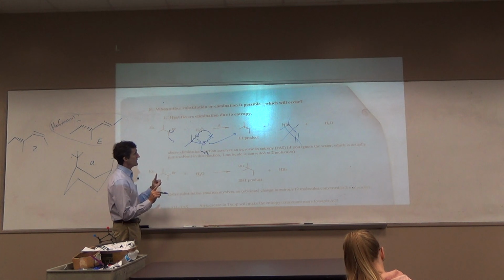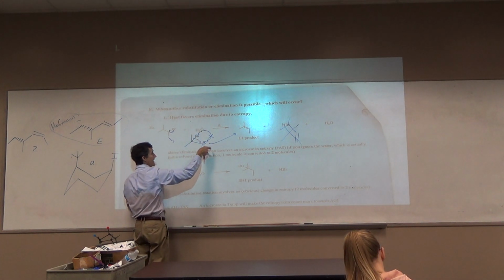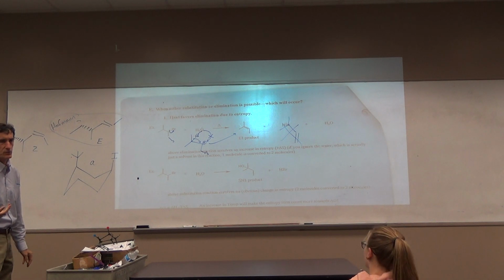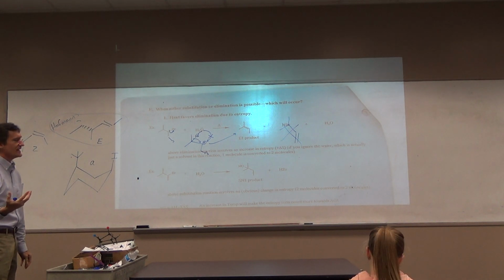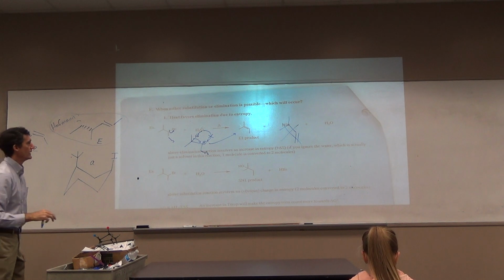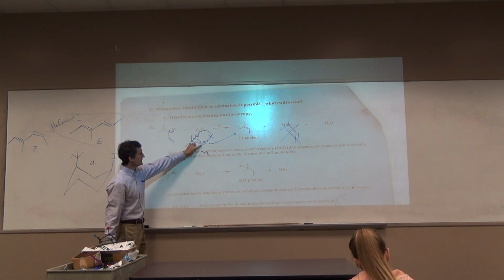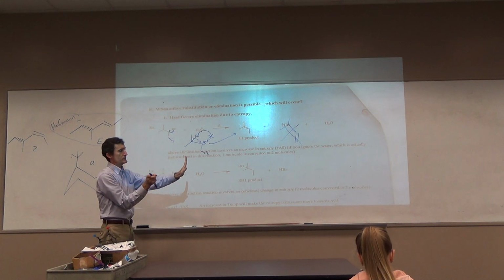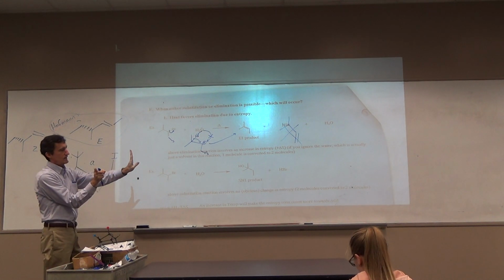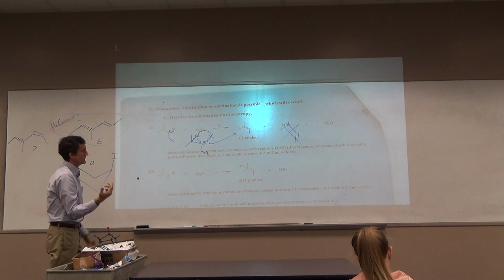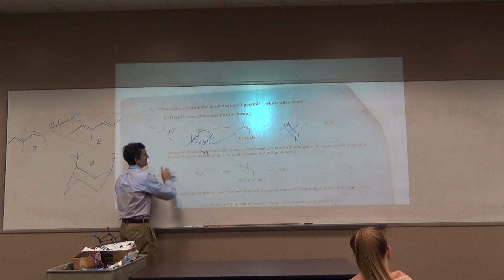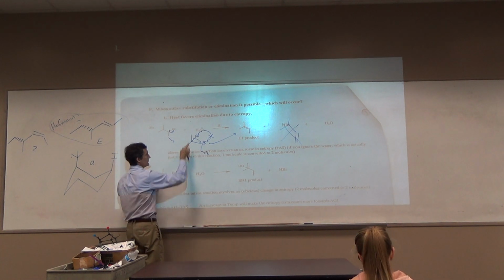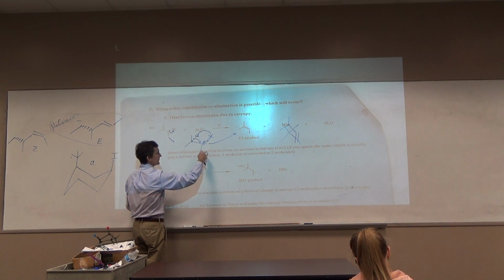When you do E1, taking the H, I was going to say it doesn't have to be anticoplanar. But actually it always is, because this over here is planar. If that's planar, any H is going to be anticoplanar to it. The anticoplanar stuff is not applicable when you're taking an H from a carbocation.